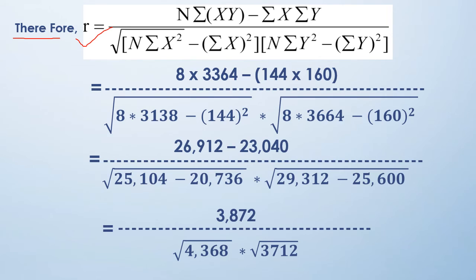Putting in the values, as we know n is equal to 8 into summation xy, 3364, minus summation x 144 into summation y 160.